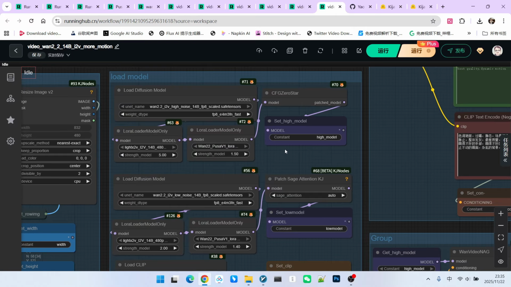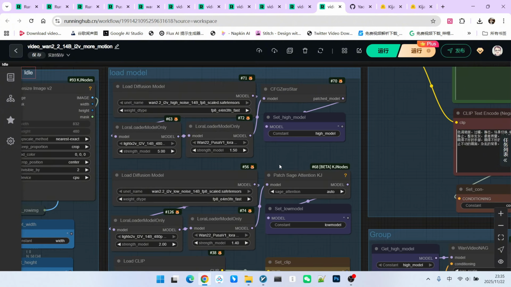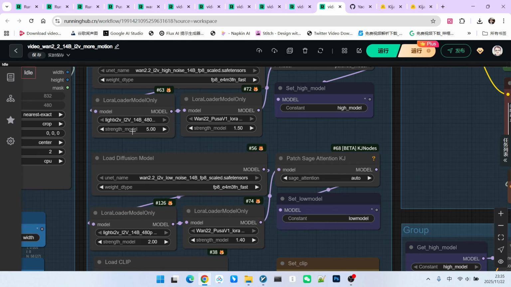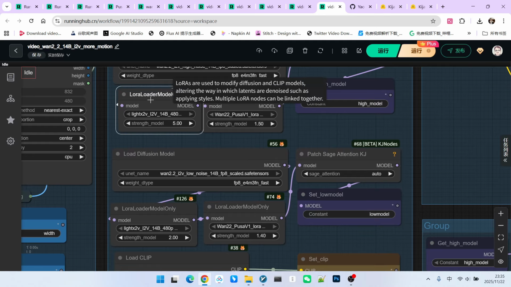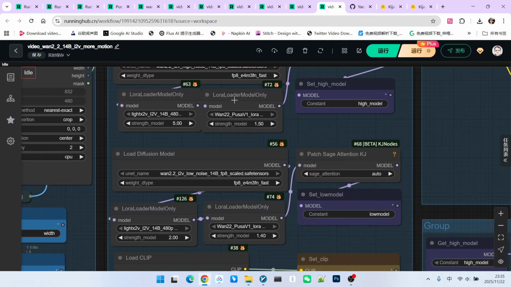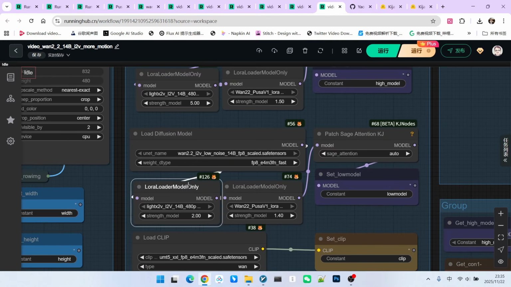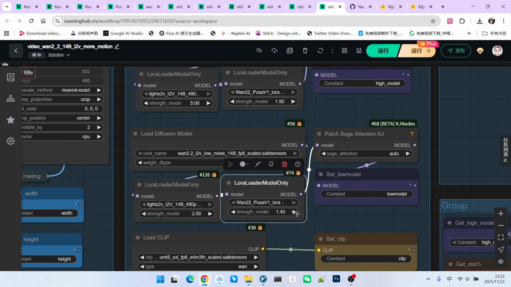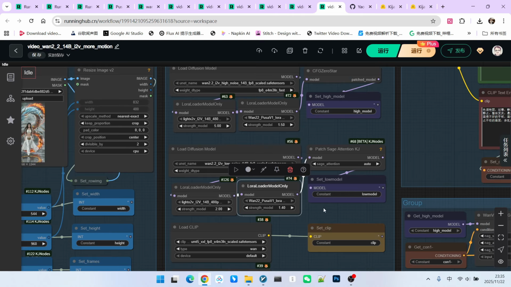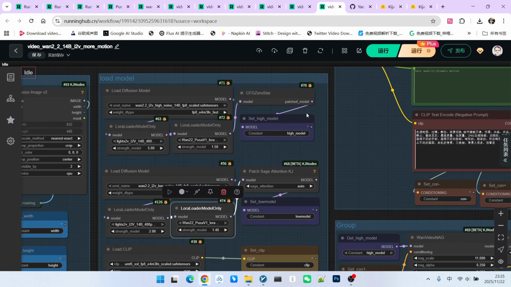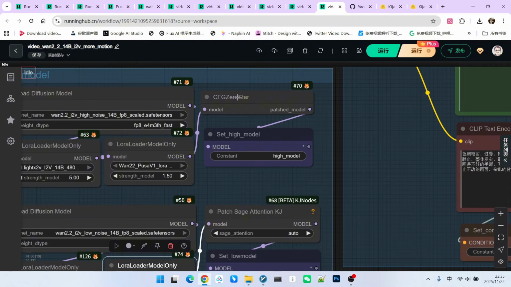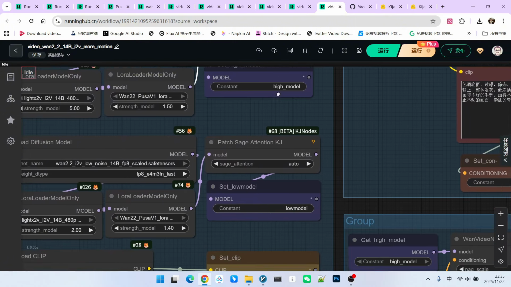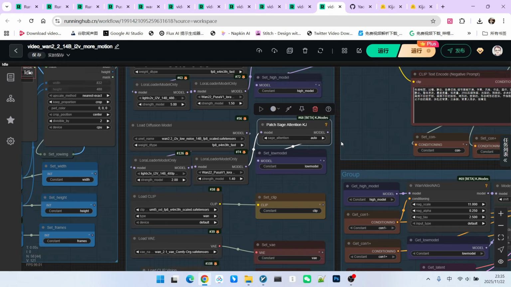The low noise model primarily optimizes the video, so its relative weight can be set slightly lower. So what you see now is this one has a weight of 5.0, this one is 1.5, and this one is 2.0, and this one is 1.4. Of course, setting this one to 1.5 or 1.2 is also fine. Then, according to our previous design strategy, we use CFG Zero Star above, and I use Sage Attention below.